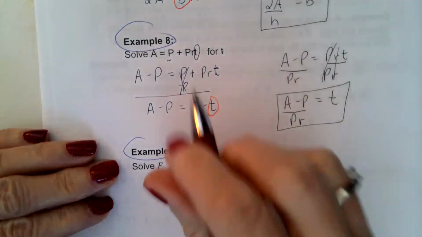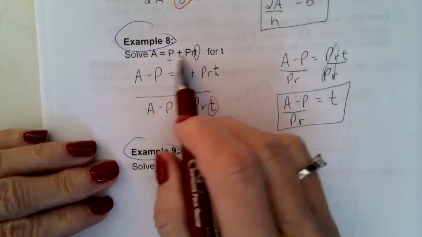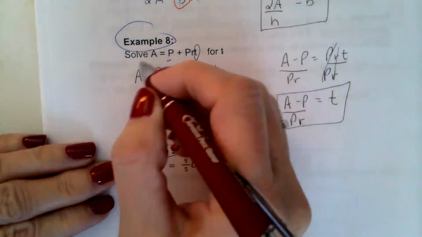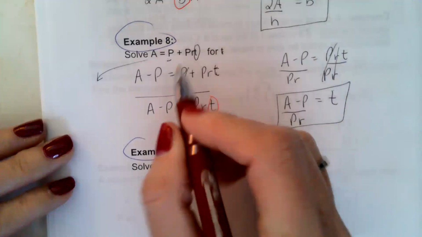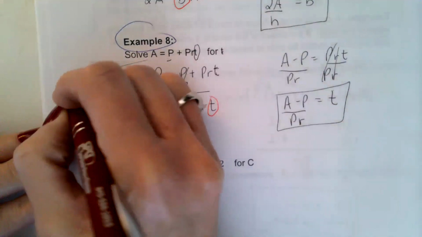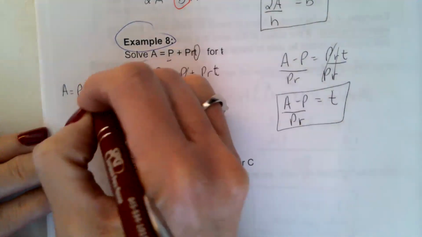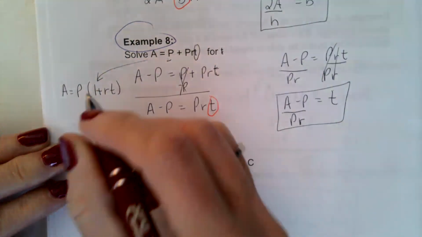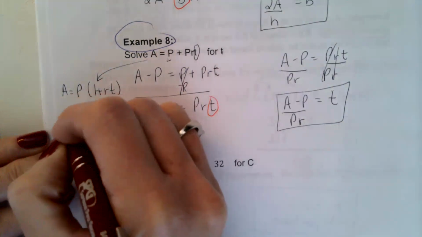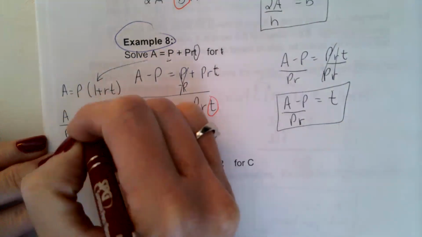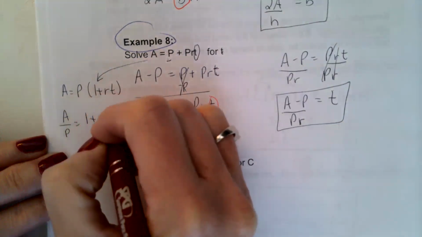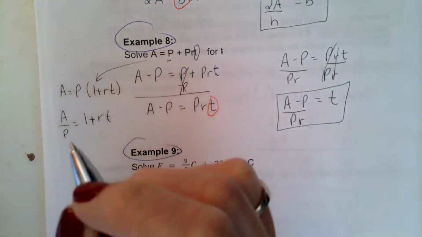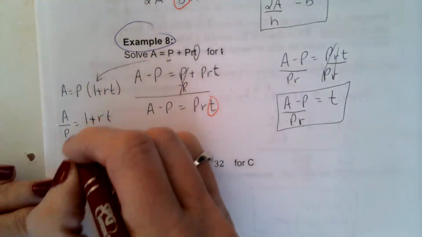That's one way. Another way is you could have factored P out front first. If you had thought about that, that would be A equals, if you factor P out, then you have 1 plus RT. And then you would have divided by P. And you would have subtracted 1.